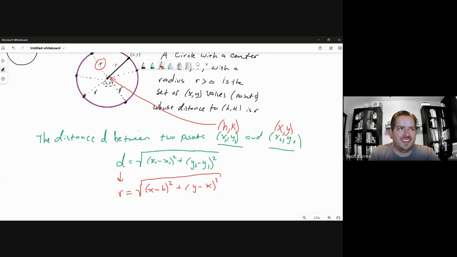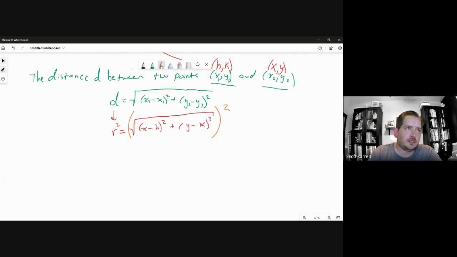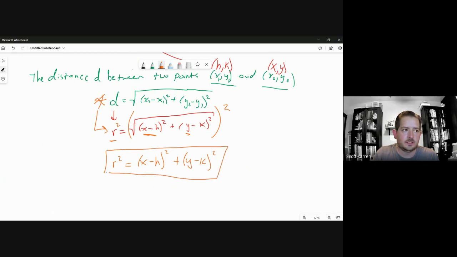But if I say I really don't like that square root, I'm going to take the right-hand side, square it, take the left-hand side, square it. I can clean this up a teeny bit, and I get this formula: r squared equals (x minus h) squared plus (y minus k) squared. I built this distance equation from the distance between (x, y) and (h, k) being r, and so this is equivalent to that.